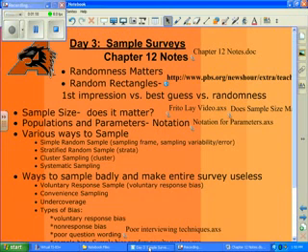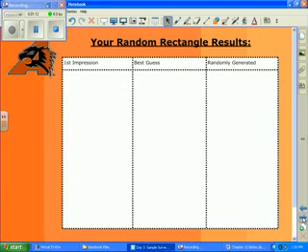Let's go back here and let's just see what happened to some of your results. Okay, so tell me some of your first impression numbers. Just yell them out, I don't care. 8. No, not 64. 6, okay. Really? Okay. 2 is the average area, I don't think. What? You put 7.5.